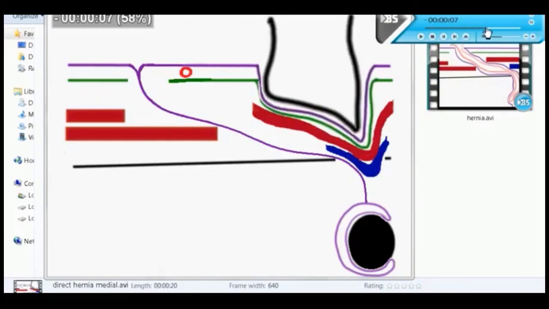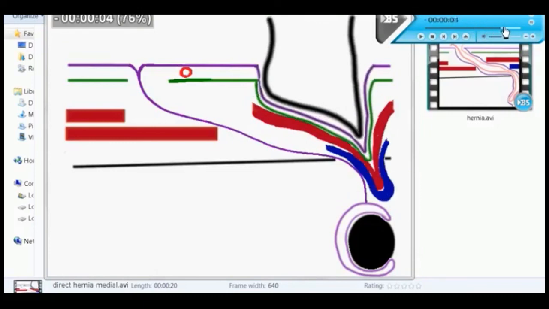See what will happen. This kind of hernia may pass through the superficial ring, and may very rarely pass into the scrotum, because passing through the superficial ring may lead to the scrotum, but the lateral type never passes to the scrotum because it is away from the superficial inguinal ring.